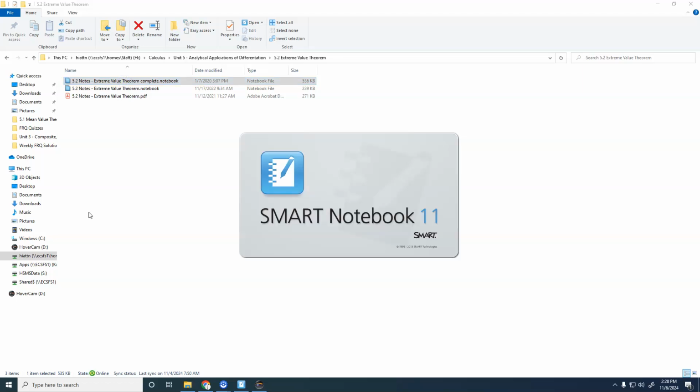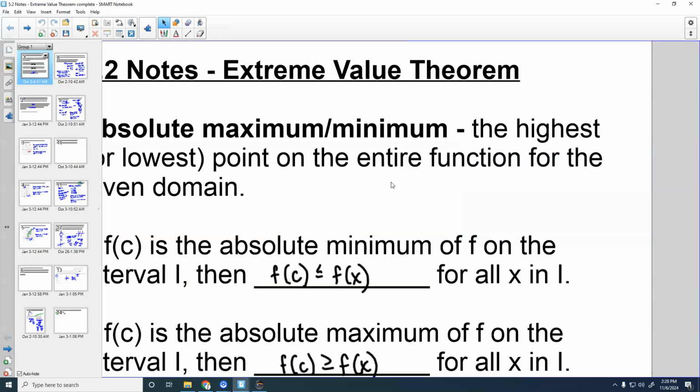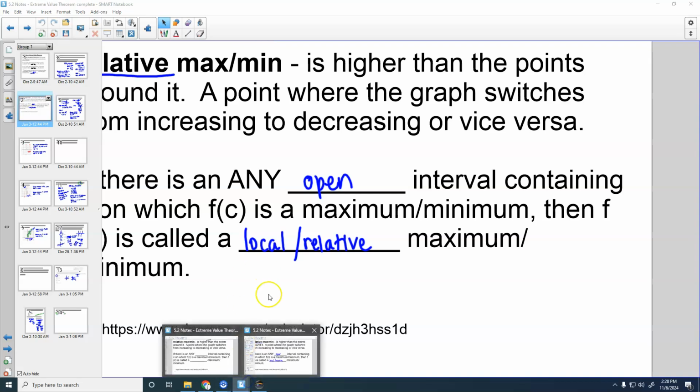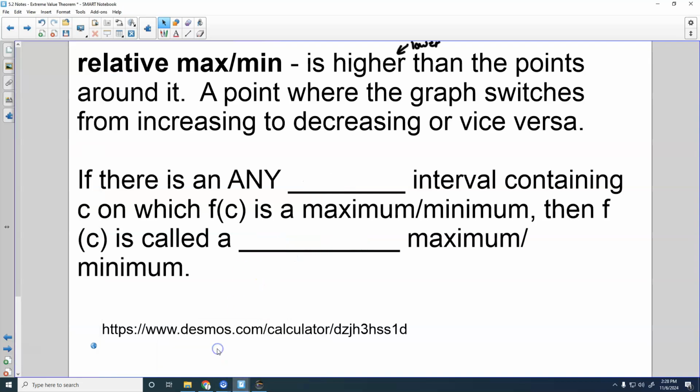Let's see what I put there. This is the danger with fill in the blank notes. Sometimes I don't always say things the same way. Open. Okay. I was thinking open. I really was, but I wasn't certain about it.